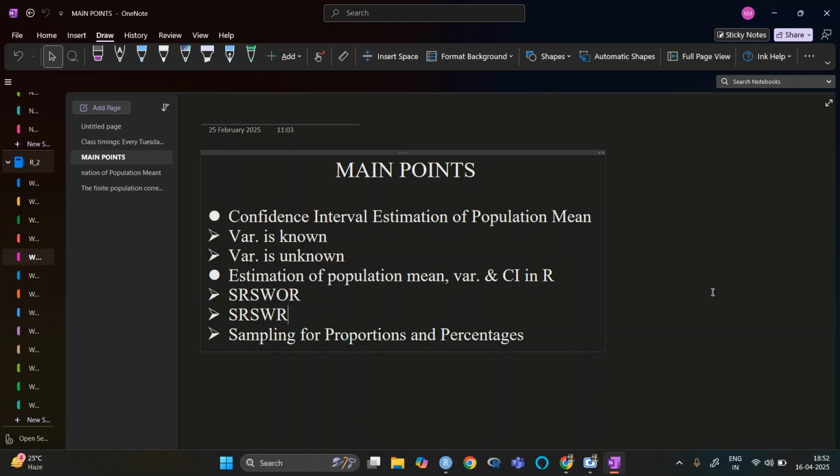When it is known, you use the z test, we use the z alpha value, and we take it at the 95% interval, or alpha equal to 0.05. When the variance is unknown, we use the t test.